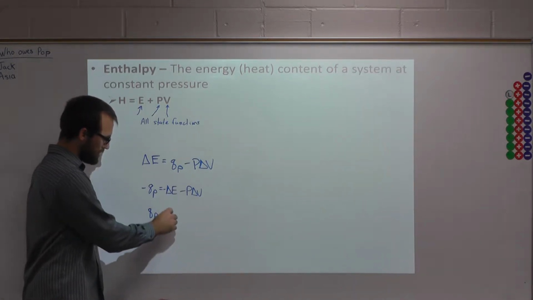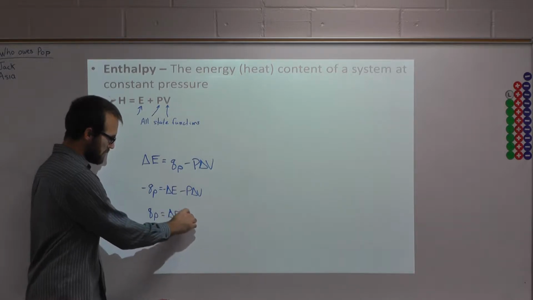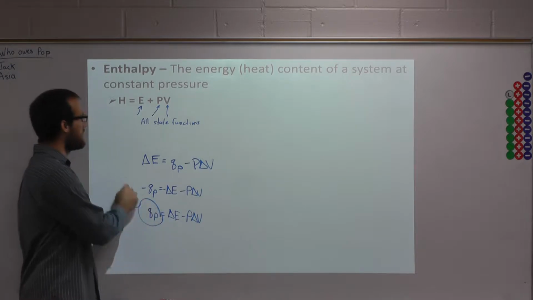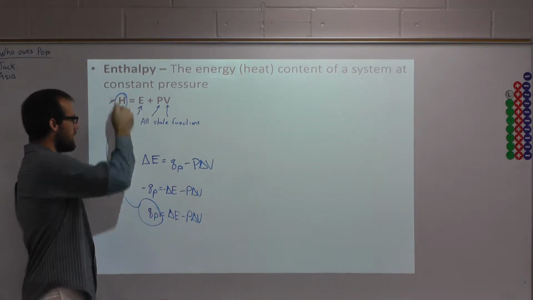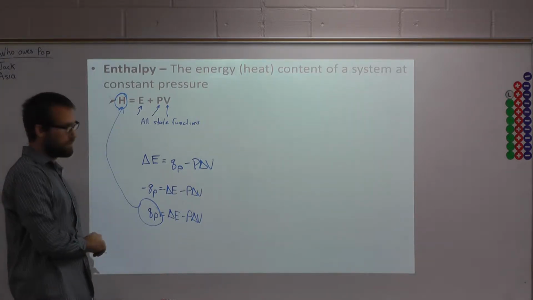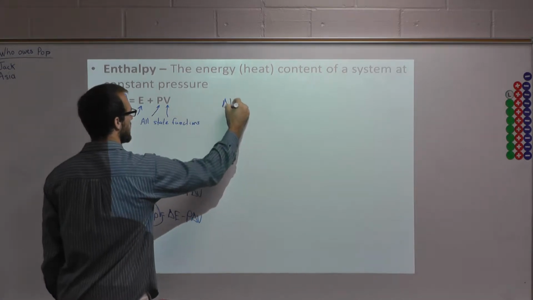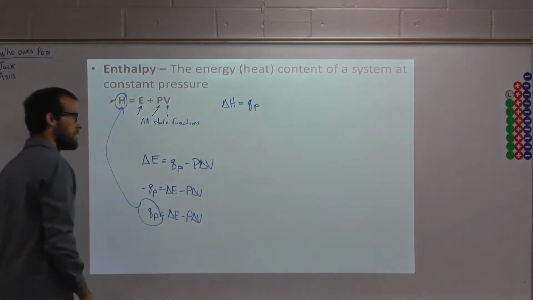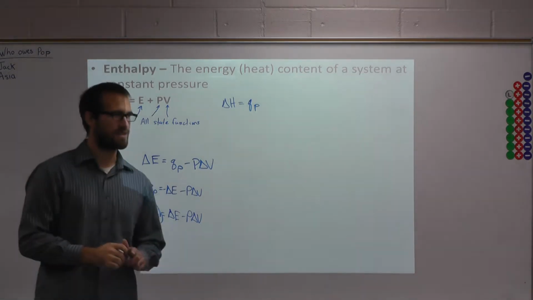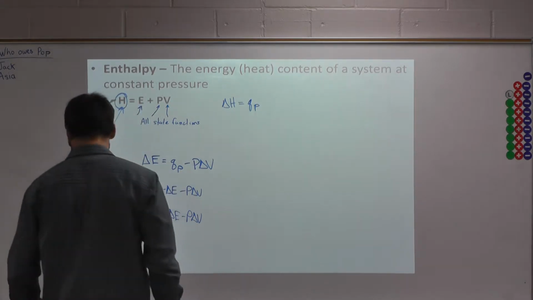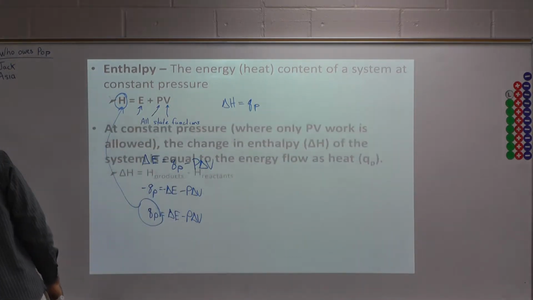So heat under constant pressure is change in E plus P change in V, and you could say that is equal to change in H. See it? So change in H is equal to Q_P. Enthalpy is really just heat content under constant pressure. So you should recall this equation.